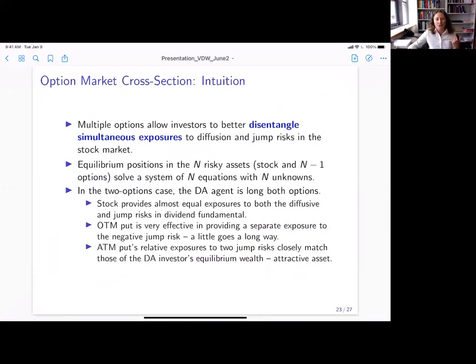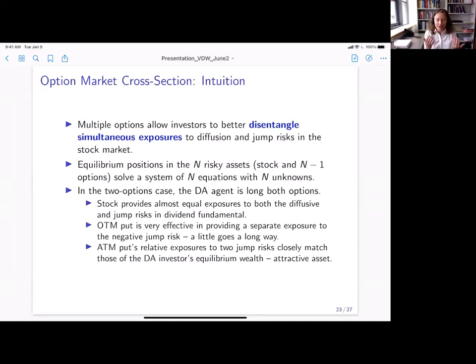The more options you have, the better you can disentangle all these simultaneous exposures to the diffusion and jump risk in the stock market. To solve for these positions, you basically have a target, right? You want to achieve the desired exposure, which were these volatilities of your wealth profile, to all the risk factors, given the risk sensitivities of the traded assets.